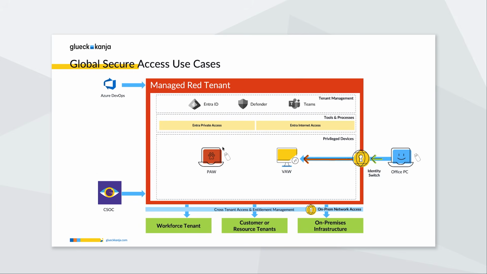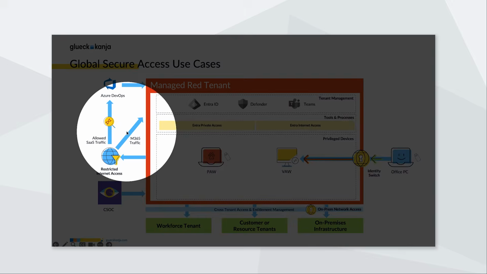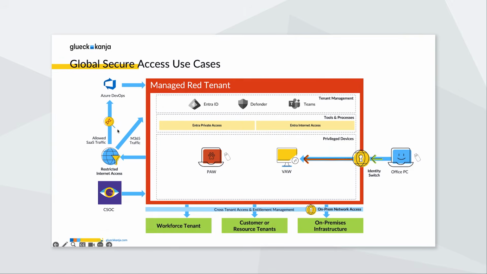And for internet and SaaS services, we have the other part, the internet access part, which we can use to control all the traffic to needed web applications, SaaS services like Azure DevOps, or other tenants. So with the tenant restriction feature, that we will highlight in a few minutes.